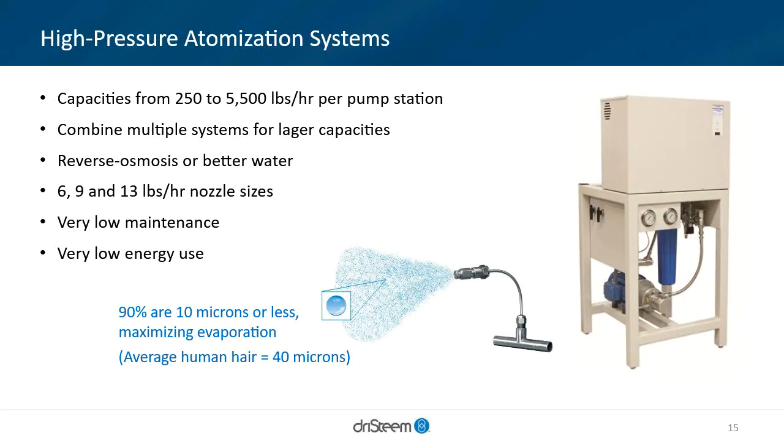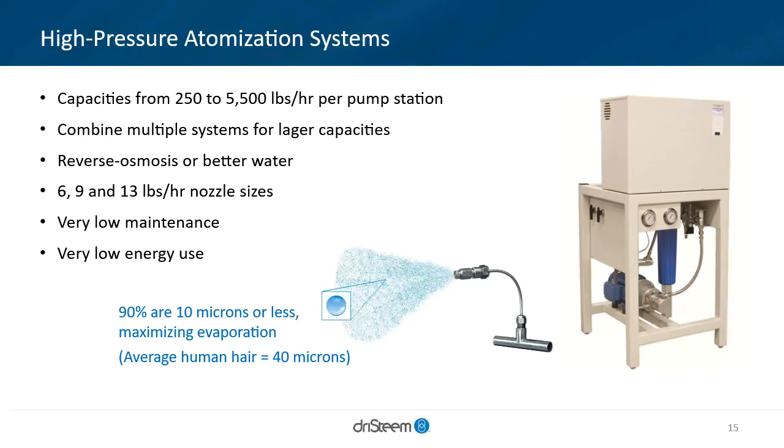So what DriSteem has to offer in the marketplace, very comparable from a size perspective, is anywhere from 250 pounds an hour to 5,500 pounds an hour. And really, we can combine multiple systems for larger capacities. We typically do this instead of using a larger pump for larger capacities, as it really gives us some redundancy for our end user as well.